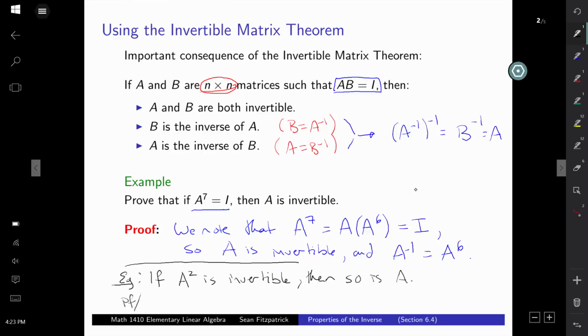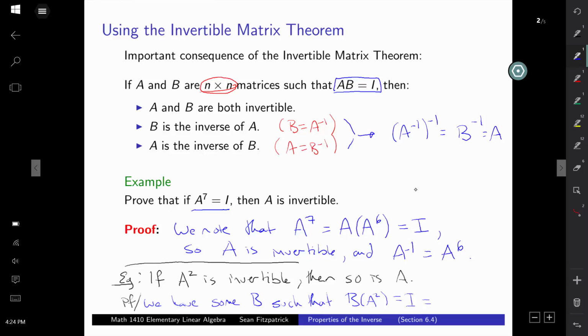Proof? Well, what does it mean to say that A squared is invertible? We have some matrix B such that if I do B times A squared, I get the identity, right?